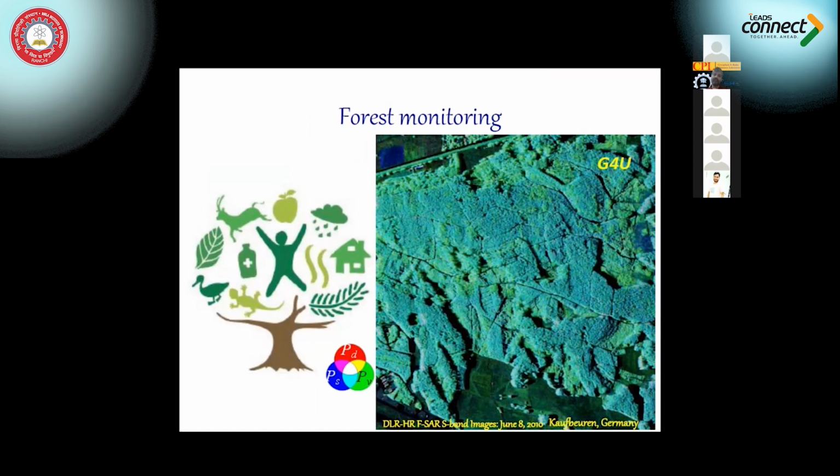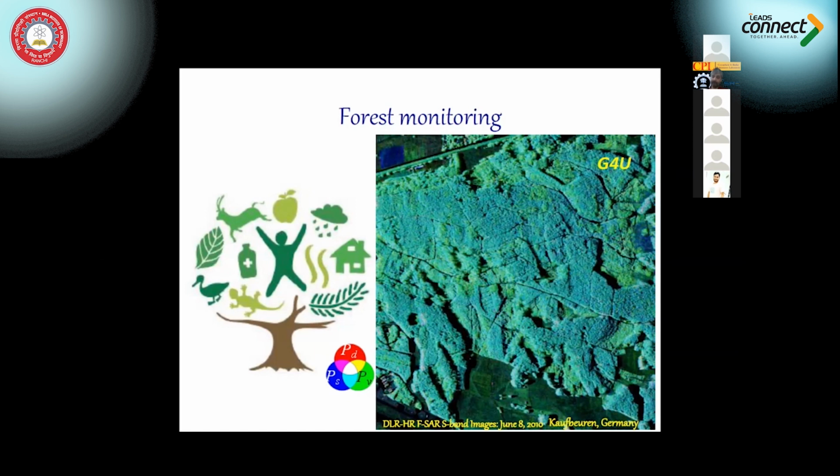So you can't tell whether illegal logging is happening or what is going on. So the SAR system is very good for tropical belt forest monitoring. And if you have a better tool which can be interpreted by any agency, it is always good.